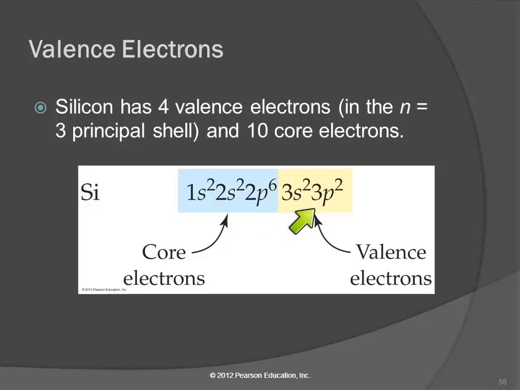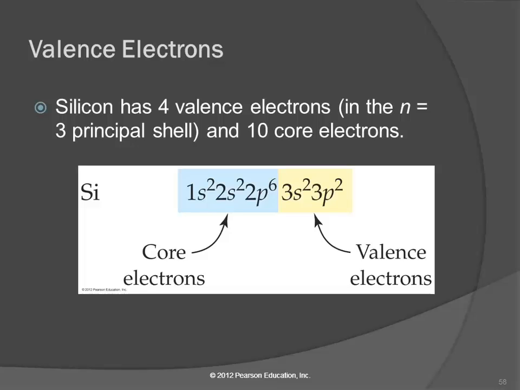And so all the orbitals in that shell, we count those as valence electrons. So there are 2 electrons in that s orbital and 2 electrons in the p orbital, and so we say that silicon has a total of 4 valence electrons. All the other electrons are called core electrons. So there's 10 core electrons in the first and second levels, and then there's 4 in the highest level.